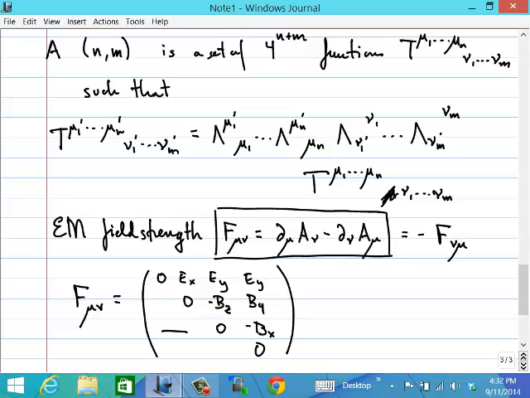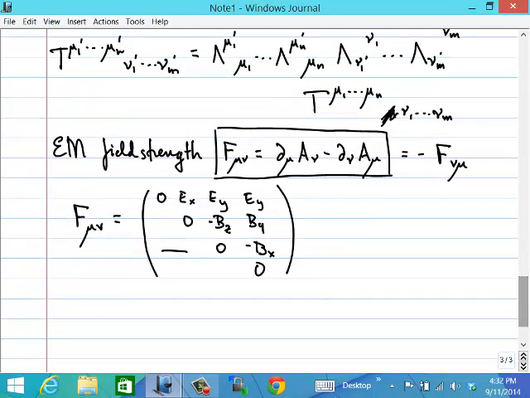The ones in the lower triangular region are just given by minus those on the upper triangle. And as you know, the electric and magnetic fields transform in a complicated way into one another under Lorentz transformations, and that is precisely captured simply by the statement that F mu nu is a rank (0,2) tensor.